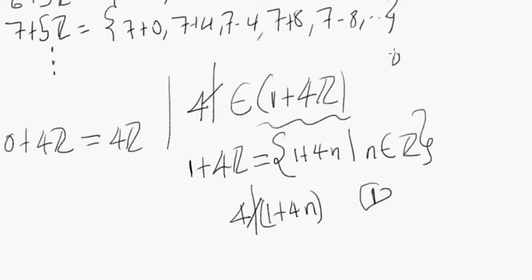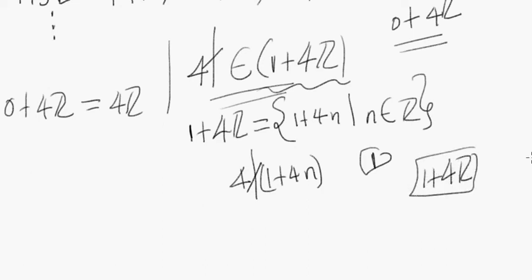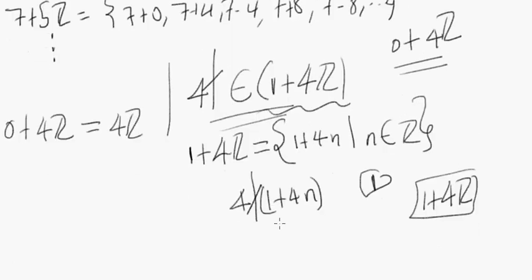But 0 plus 4Z consists of only elements divisible by 4. So if all elements of 0 plus 4Z are divisible by 4, but no element of 1 plus 4Z is divisible by 4, is it ever possible for any element of 0 plus 4Z to be an element of 1 plus 4Z?